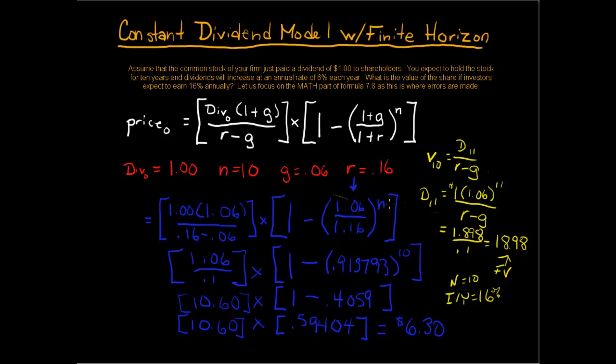And that comes out to be $4.30. When we add it to the 630, we get the same $10.60 that we had over here. In other words, we can just use this approach here, but our value comes in two parts. The part of what we're going to sell the stock for in the future, and the value of the dividends during the 10-year holding period.